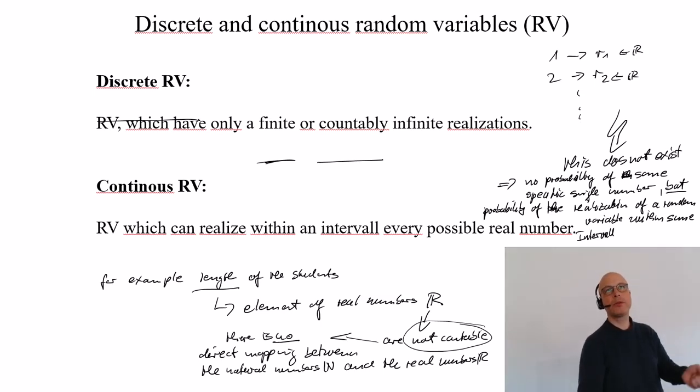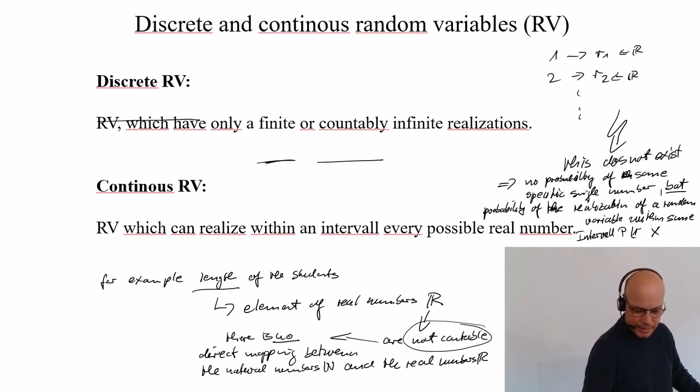So we can pose now the question, what is the probability that our random variable x lies between two numbers, maybe 172 up to 173 centimeters.